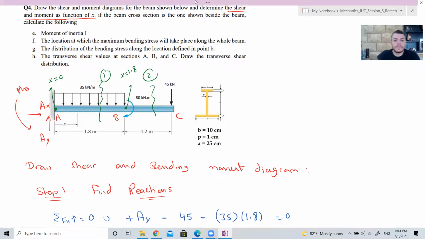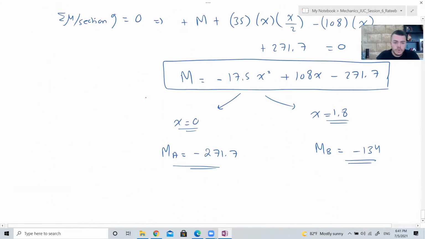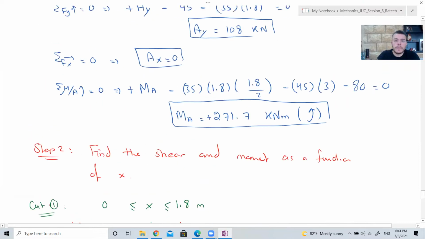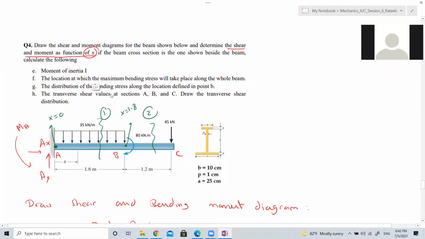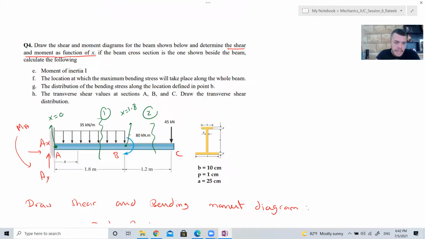Since we are asked to find it as a function of x, we are obliged to work from the left side, because x starts from here. So we have to look at the left side.